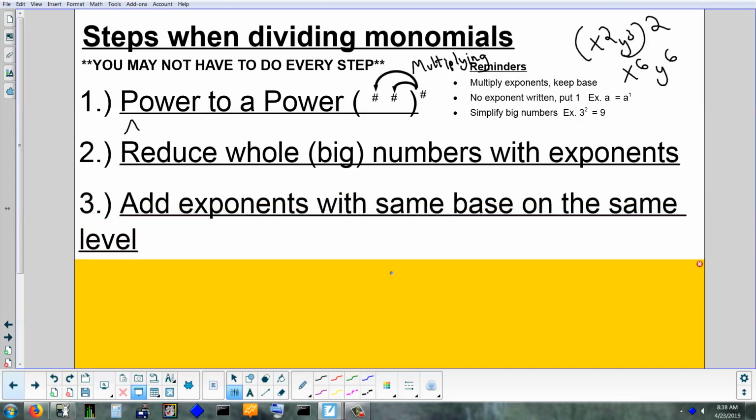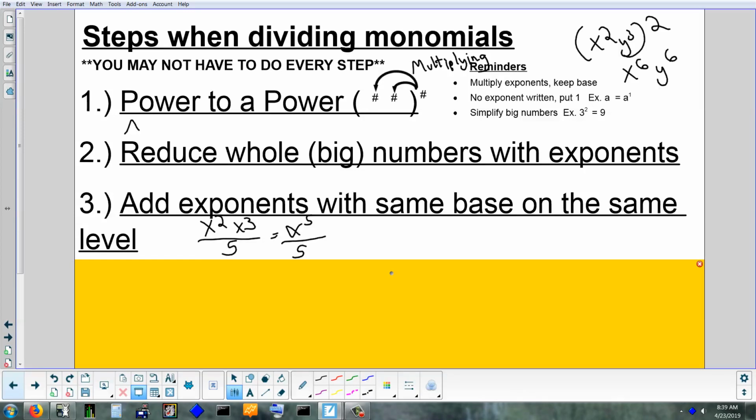All right, we want to add exponents with the same base on the same level. You don't have to write this, but if I had x^2 times x^3 over 5, I have the same base, x, on the same level, so it becomes x^5 over 5.